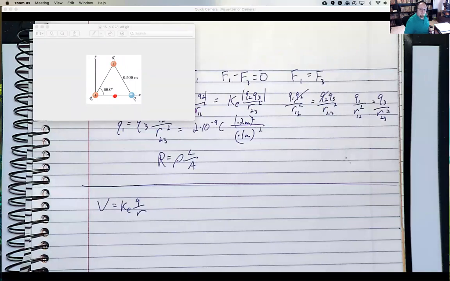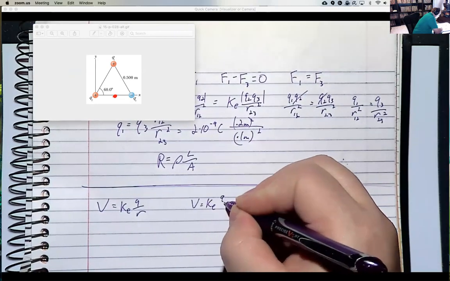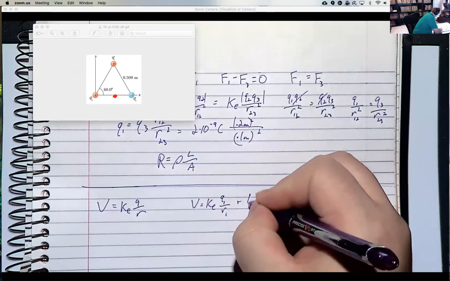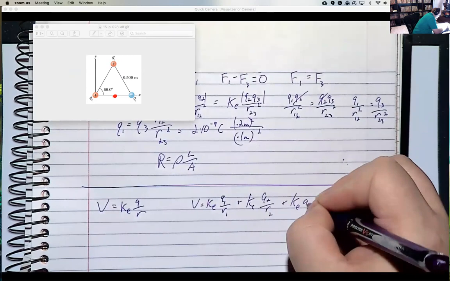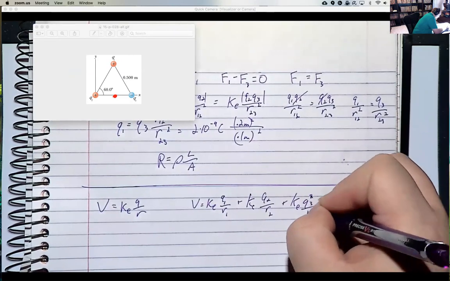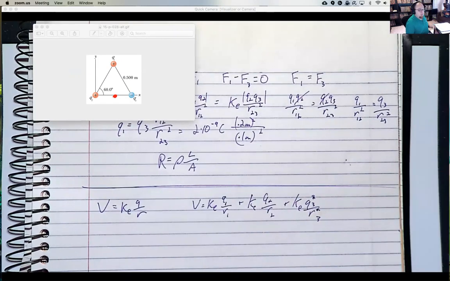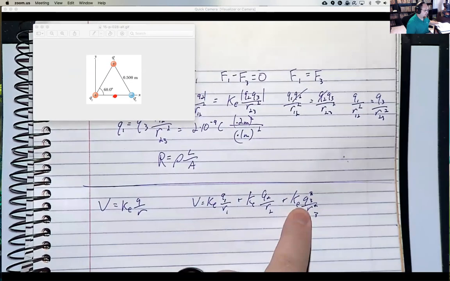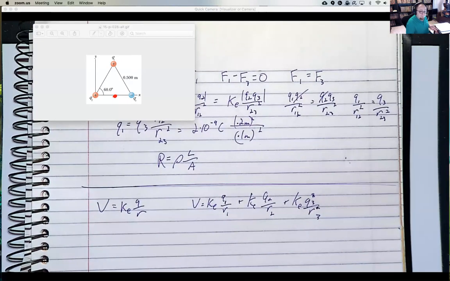If I wanted to find the potential at that point, I would literally just do KEQ1 over R1 plus KEQ2 over R2 plus KEQ3 over R3. I keep trying to cube things apparently. You wouldn't worry about vectors. You just add them up. Now here I'd have to say Q3 is negative. I'd have to include that. You can't absolute value here, but you just add them up.